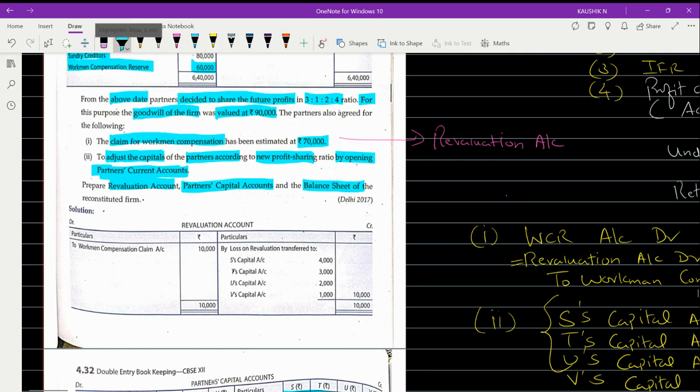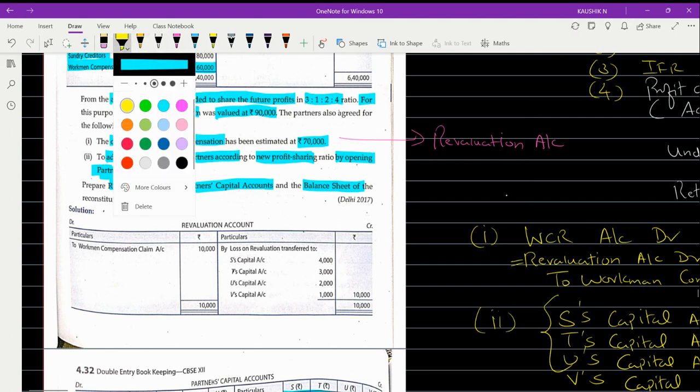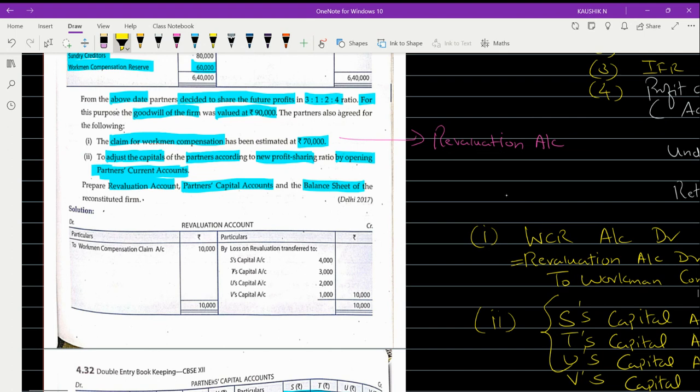This is what we have to be very careful about. So here we give importance to the current account. Whether you're introducing or withdrawing, the partners' current account will come into the picture.